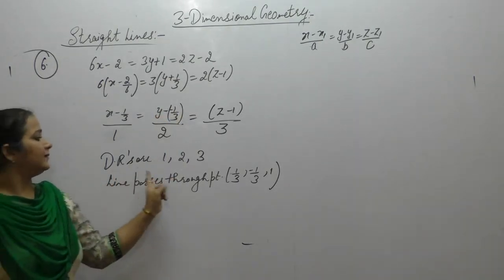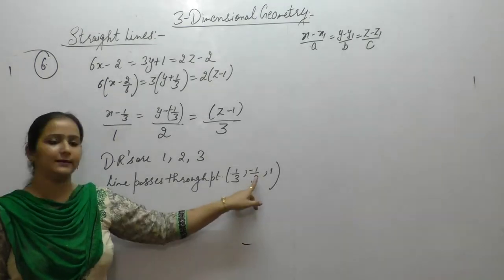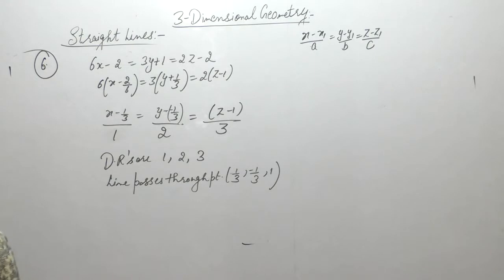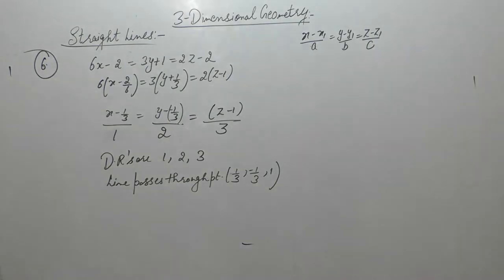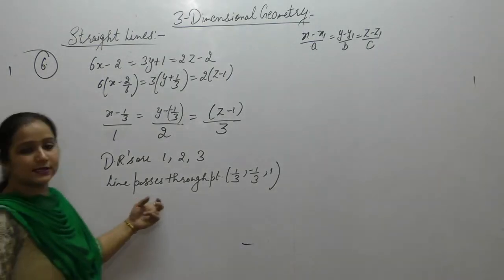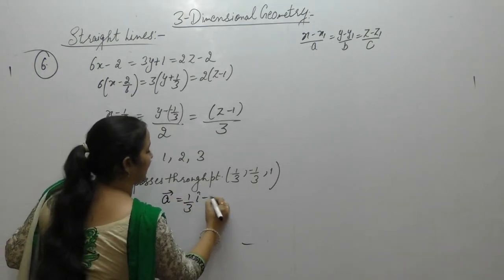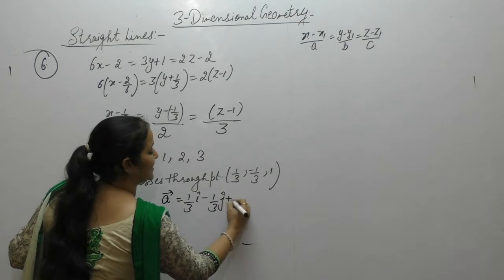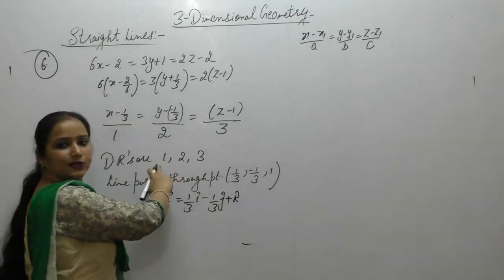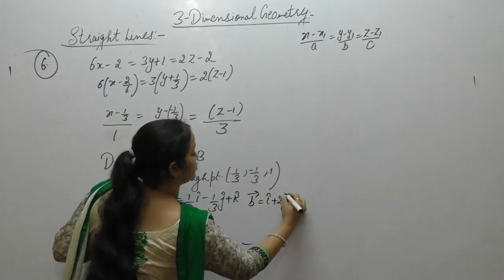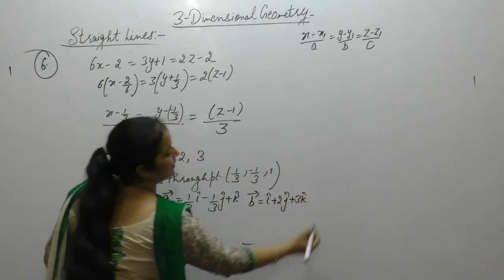So the line passes through the point (1/3, -1/3, 1) and its direction ratios are 1, 2 and 3. Now the line passes through this point, so its position vector is 1 by 3 i minus 1 by 3 j plus k, and has this direction ratio. So this is b vector, i plus 2j plus 3k.